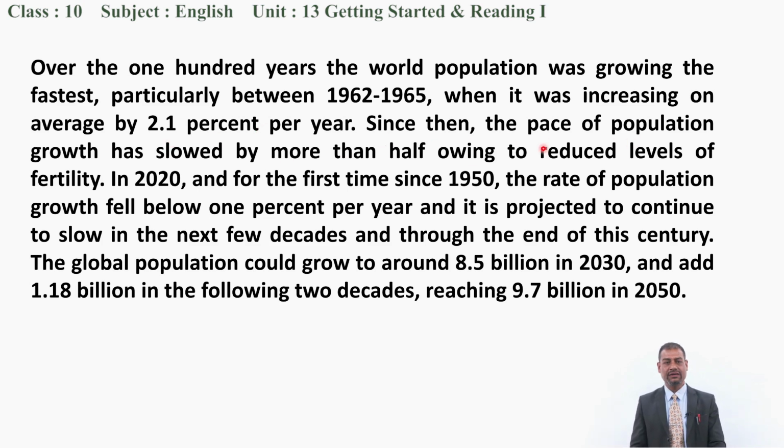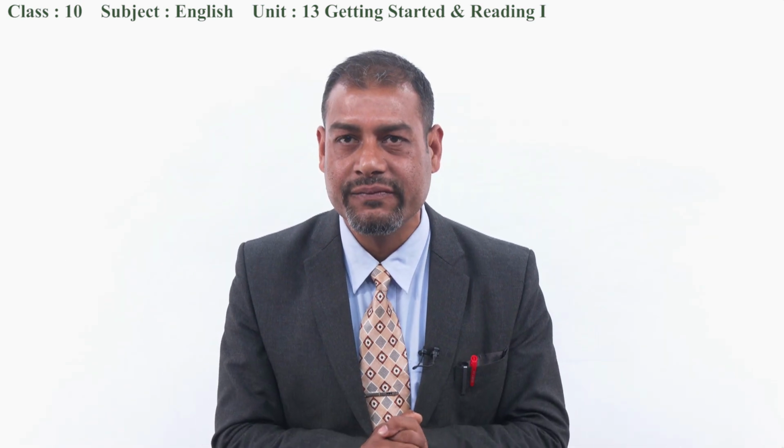Since then, the pace of population growth has slowed by more than half owing to reduced levels of fertility. So from here, what do you understand? Then population started going down. Okay, so slowed down, and you can find what is the reason of slowing down the population here. What's the reason? You have to find out this information.